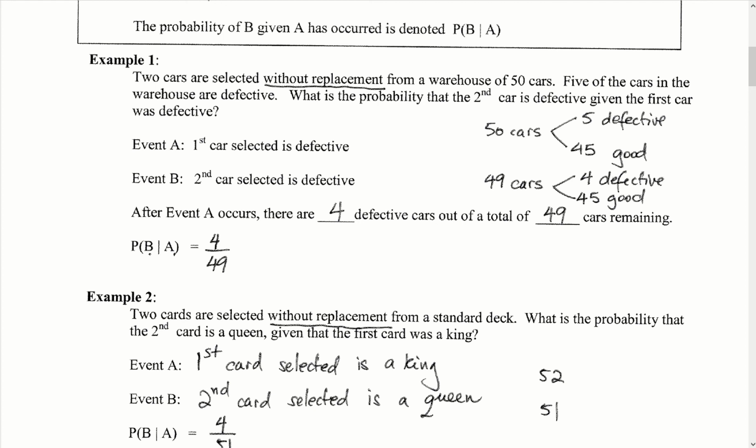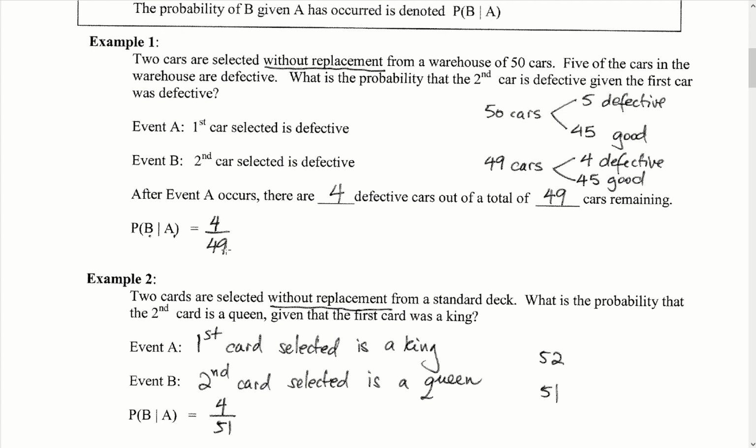If we know that we already selected a defective car on the first pick, then we're now down to 49 cars because the selection is done without replacement, and we've already removed one of the defective cars. That means there are still 4 defective left and 45 good cars remaining as well. The probability that the second car we select is defective would be selecting one of those 4 out of the remaining 49 cars, which is a probability of 4 out of 49.